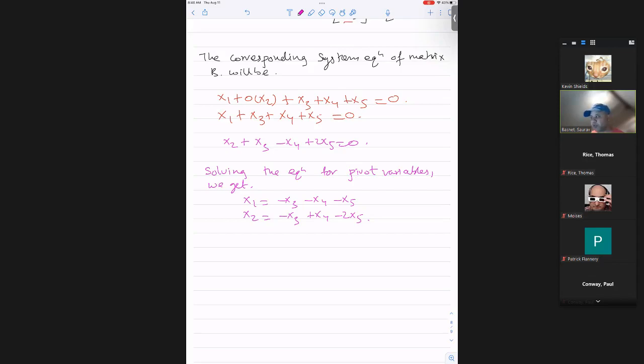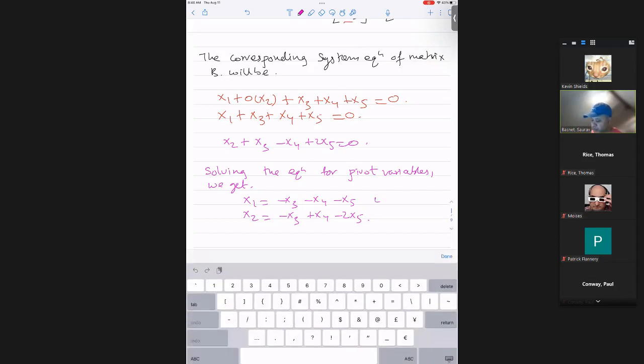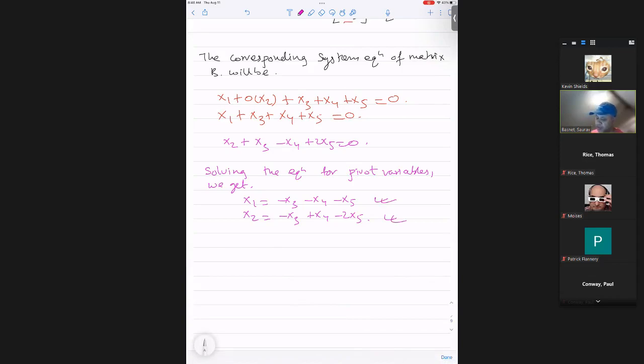Did you follow that, everyone? You need to understand this, otherwise you won't be able to solve the null space. Everyone good with this part? Okay.